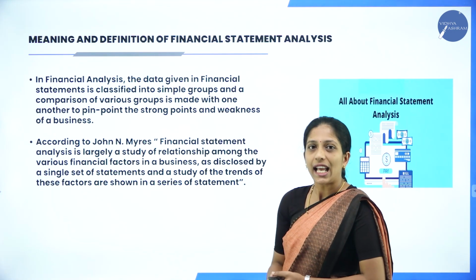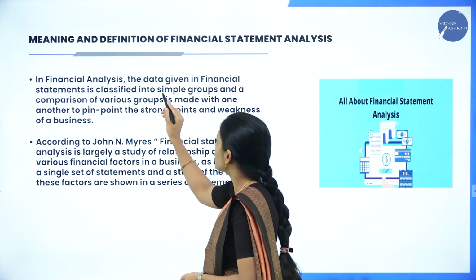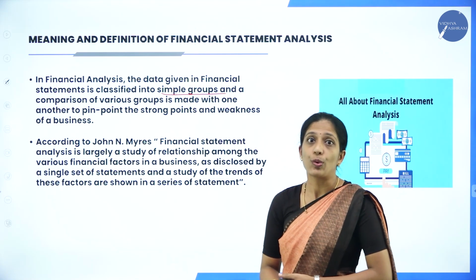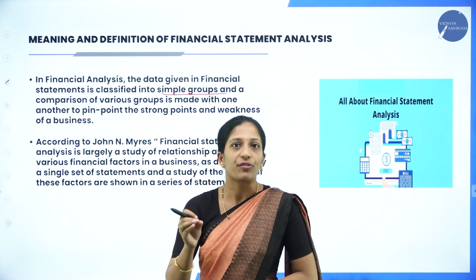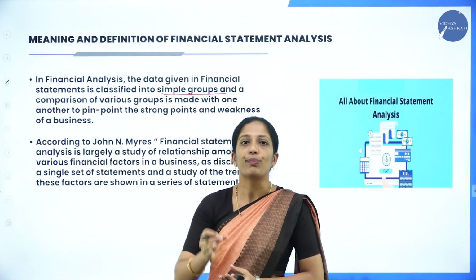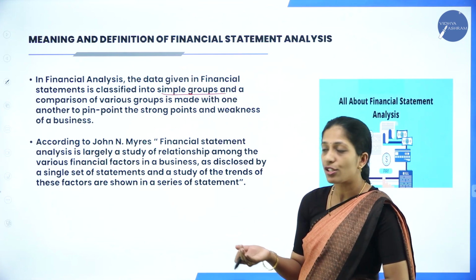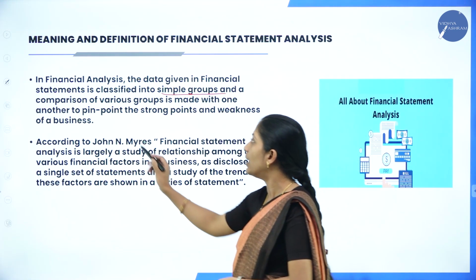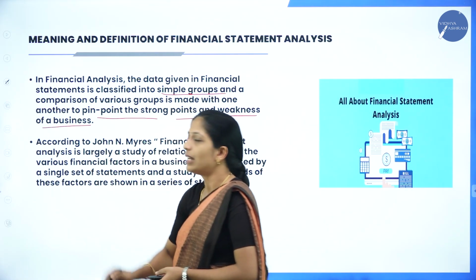In financial analysis, the data given in the financial statement is classified into simple groups. So what we are going to do? We are going to take the items of the financial statement and make them into simple groups, and a comparison of various groups is made with one another to pinpoint the strong points as well as weaknesses of a business.